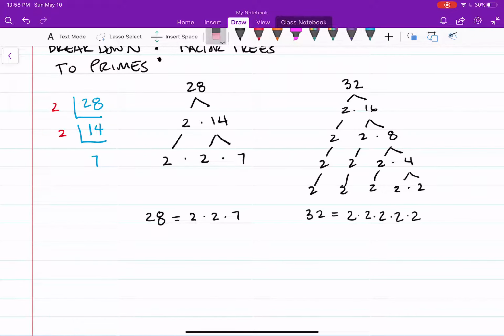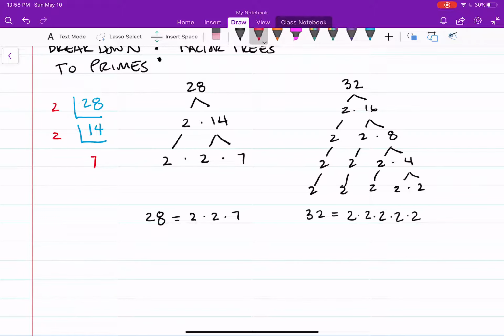So in other words, every time I ask myself what goes into that number, I always want to use prime numbers, and I want to make sure that I end with a prime number as well.